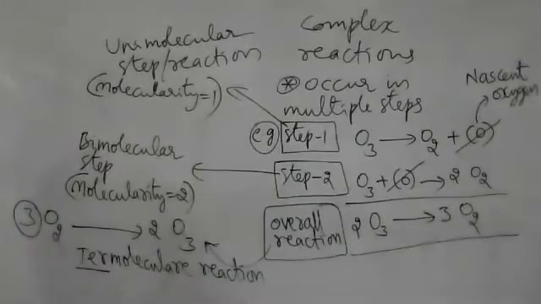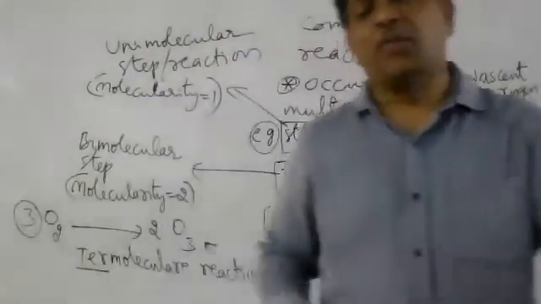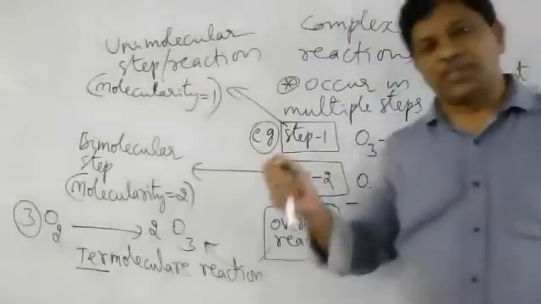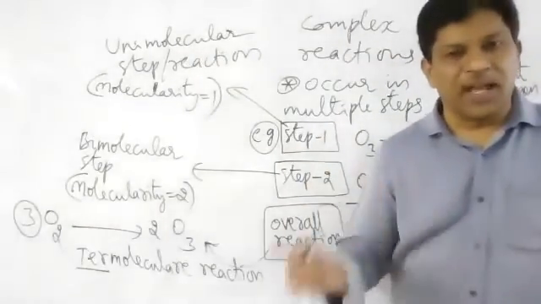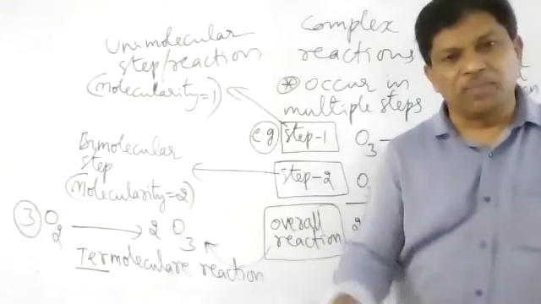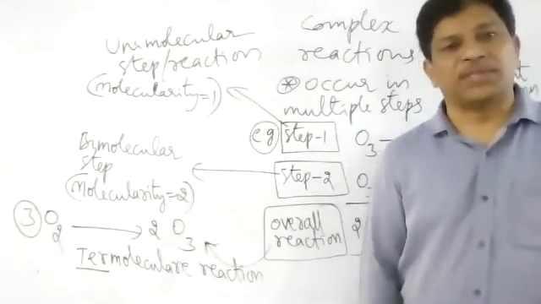Now we have understood that chemical reactions are classified into 2 types: elementary reactions and complex reactions. Elementary reactions occur in a single step and complete in 1 step, and complex reactions occur in 2 or more steps.